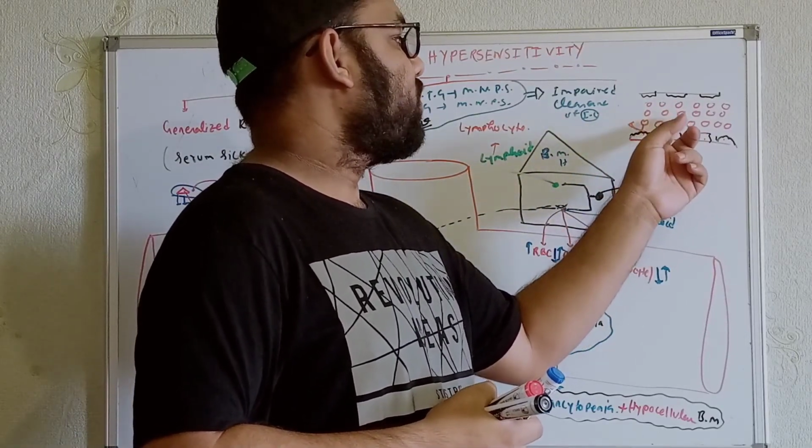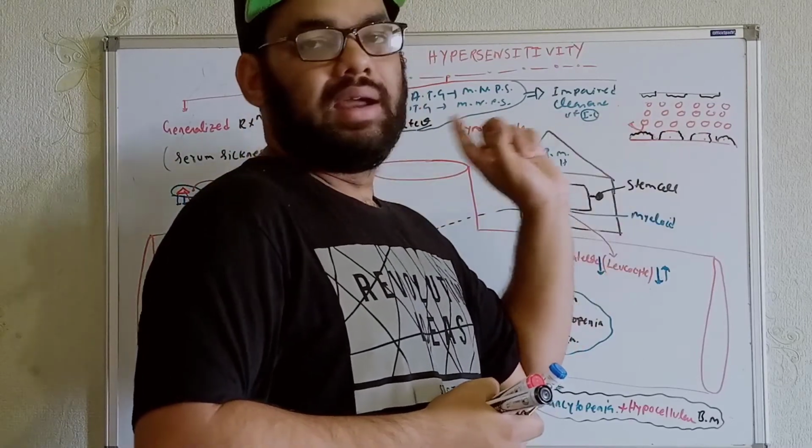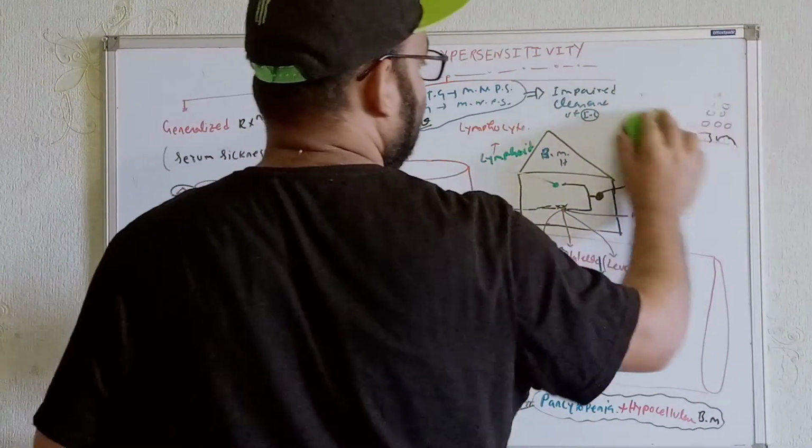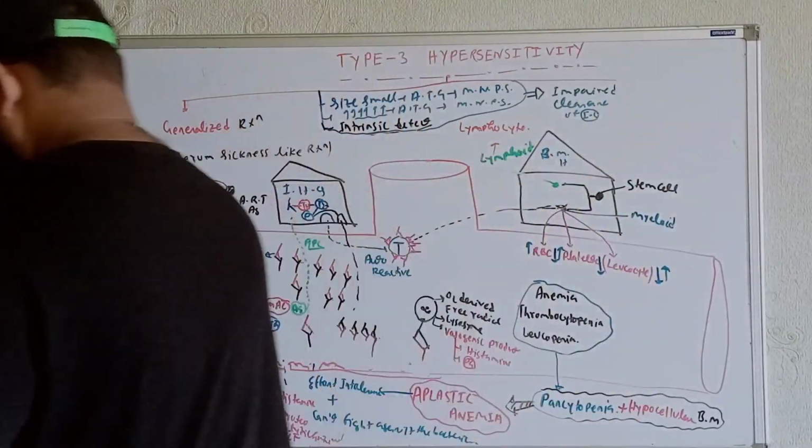After that the platelets will be able to get stuck somewhere within the endothelial cells. What type of figure will we get? Try to understand from here.